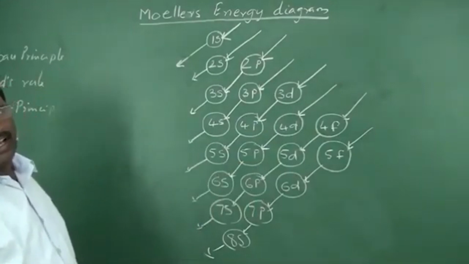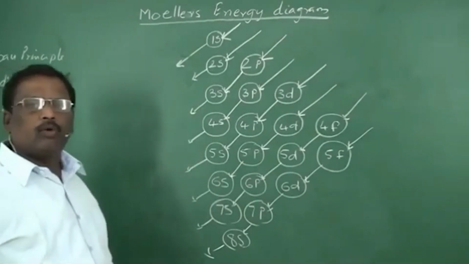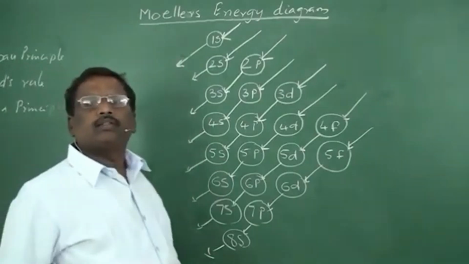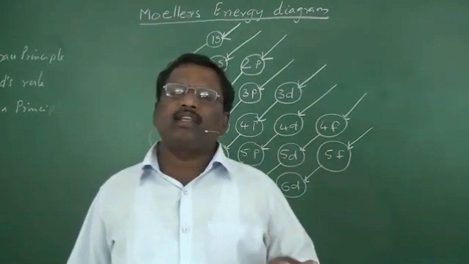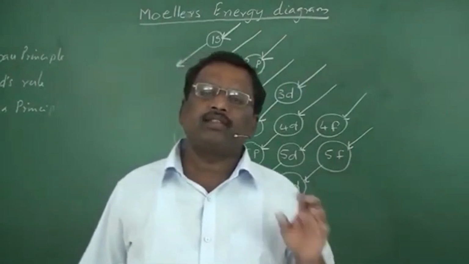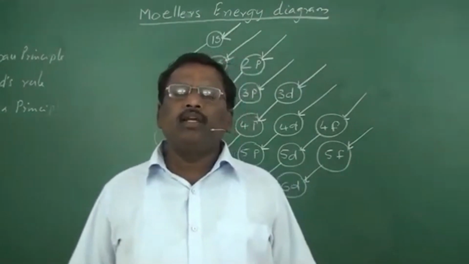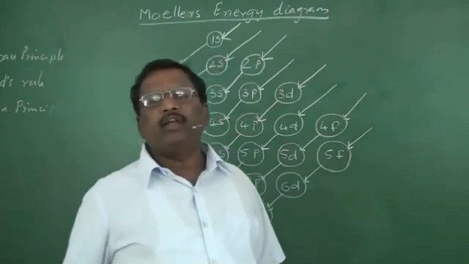This is regarding the Aufbau principle. The Aufbau principle means building up of electrons. When electrons are entered into different atomic orbitals, the orbital with least energy will be filled first.